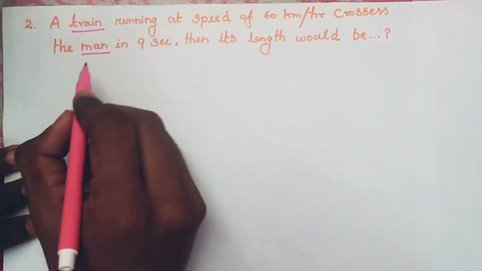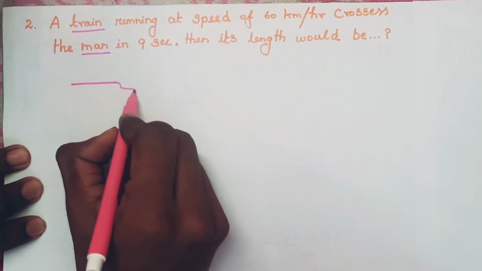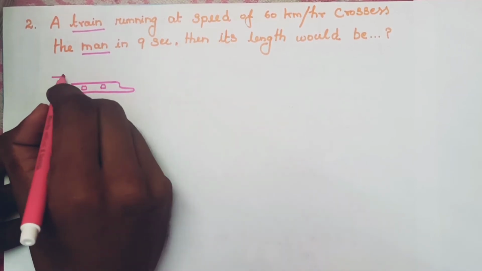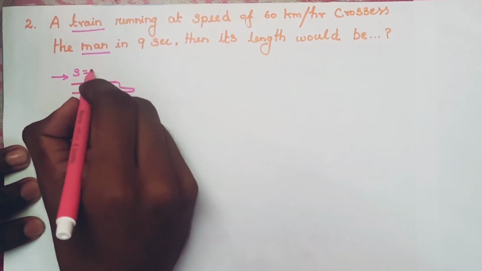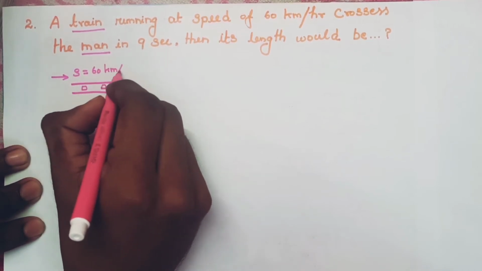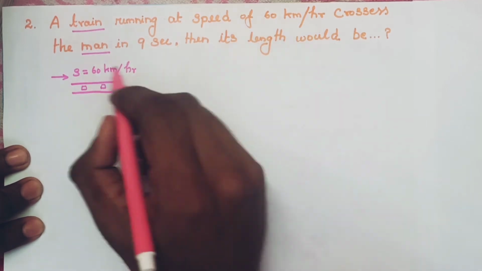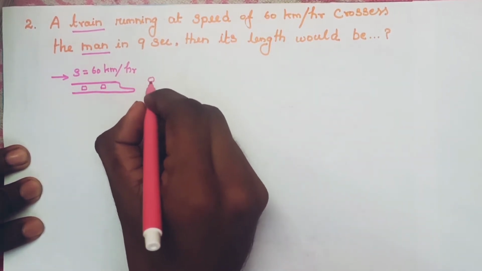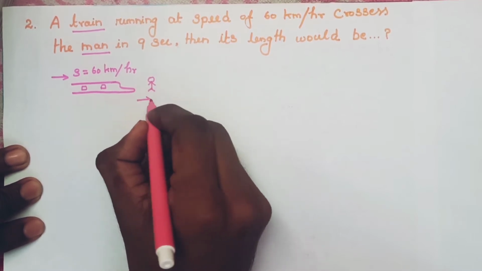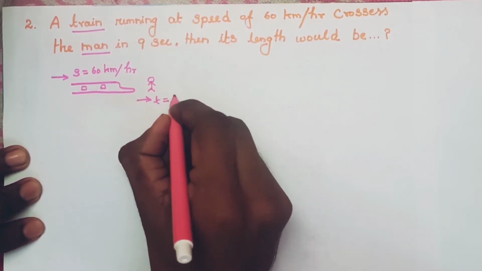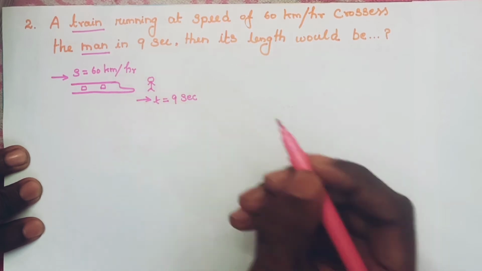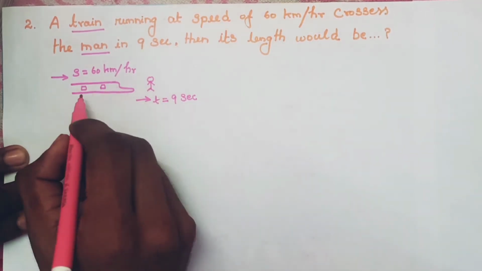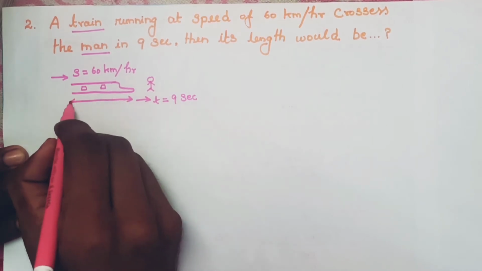A train running at a speed of 60 km per hour crosses the man in 9 seconds. Here the man in how many seconds? 9 seconds they have given. Then its length would be. So we have to find the length of the train.